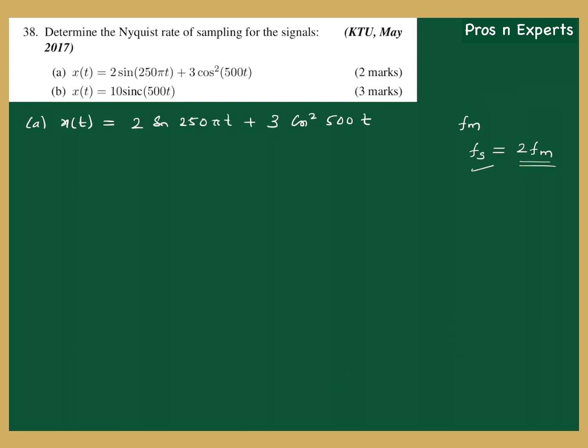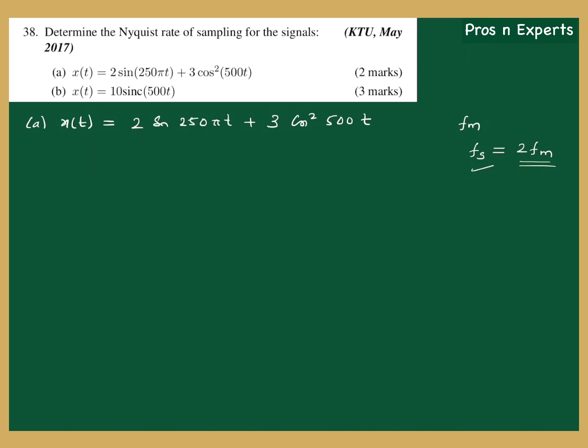So, let's come back to the given signal x of t. What is the maximum frequency component? Actually, there are 2 frequency components, one for each sine. You know, a sinusoidal signal is a singleton signal. It has only a single frequency component, that you have to be thorough with. So in this x of t, there are 2 sinusoidal signals, and each contributes 1 frequency.